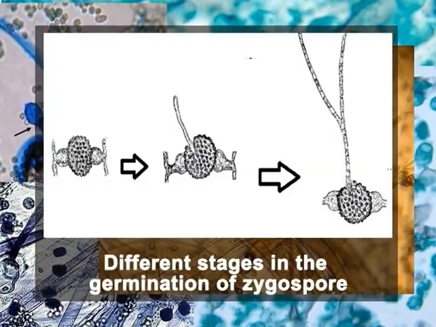Rarely, more than one germ sporangiophore arises from a single zygospore. Occasionally the germ sporangiophores may be branched, and in such cases more than one sporangium is present on each germ sporangiophore, each of which bears a single terminal germ sporangium containing many spores.